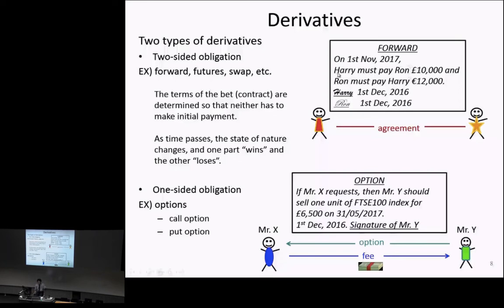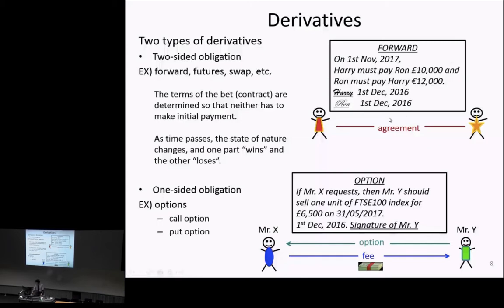Then Harry is the loser of this contract and Ron is the winner. Harry is the loser because without this contract, with his £10,000, he could get 15,000 euros in the market. But because he signed this contract, he can get only 12,000 euros for his £10,000.